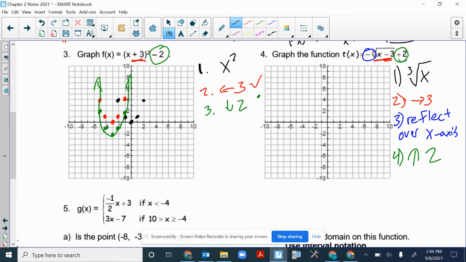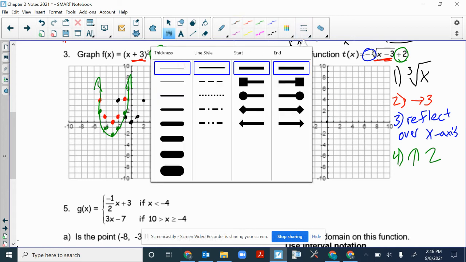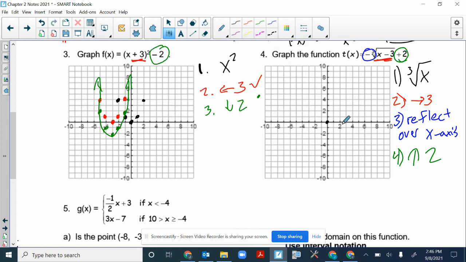All right, so let's go ahead and do this, and we're going to start with the parent function. So cube root, really great points are (0, 0), (1, 1), (negative 1, negative 1). You can also throw in (8, 2) and (negative 8, negative 2).